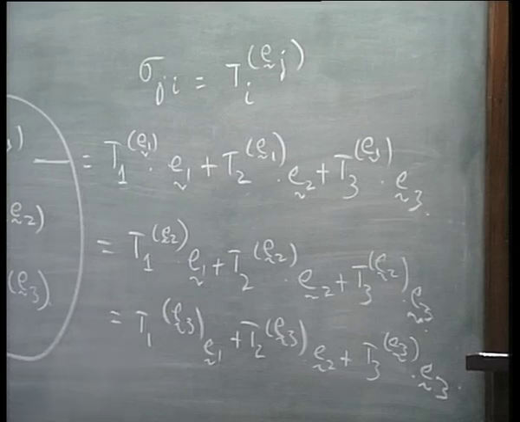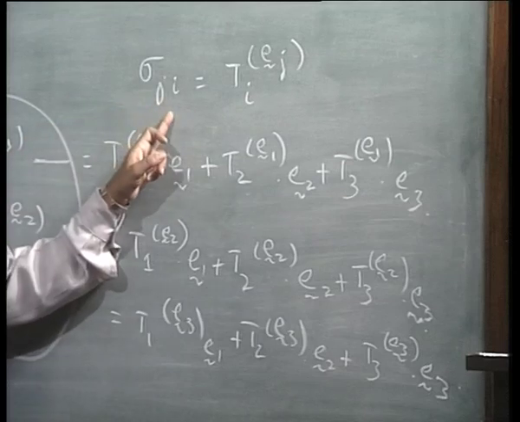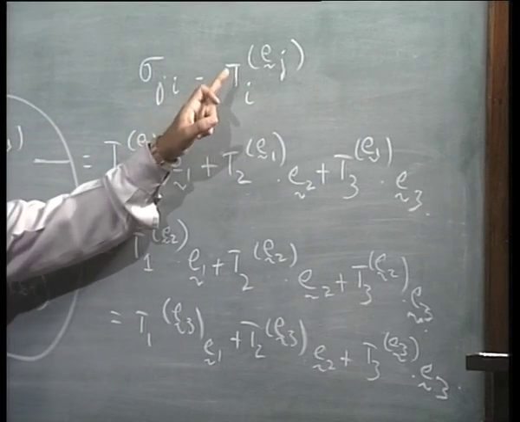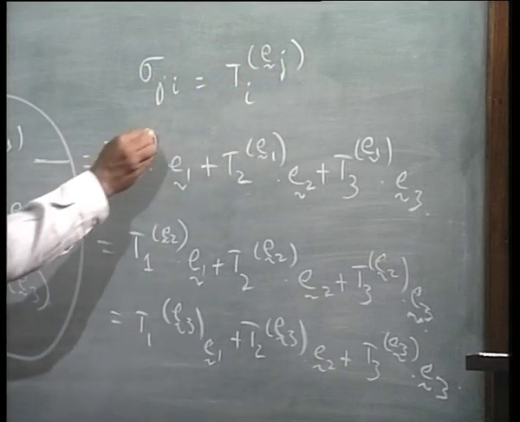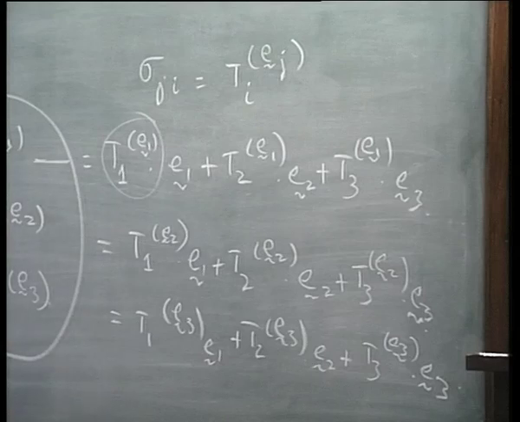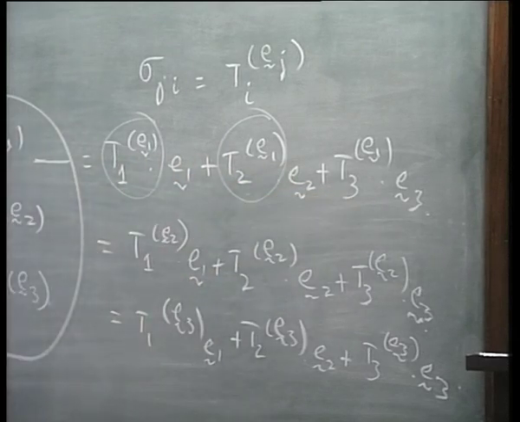J indicates the plane and i indicates the direction. So, in other words, to understand this, if I take T of E1 in direction 1, what is this? Sigma 1 1. This is sigma 1 2, and this is sigma 1 3, and so on.